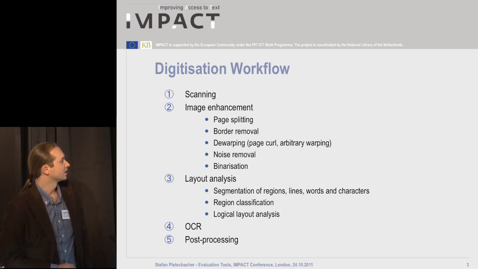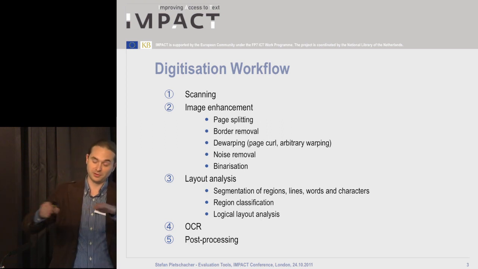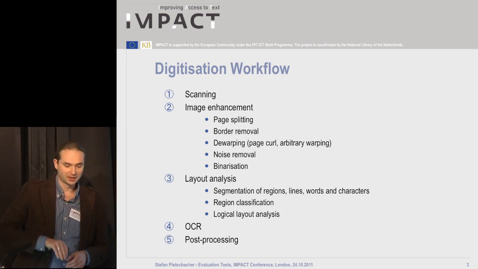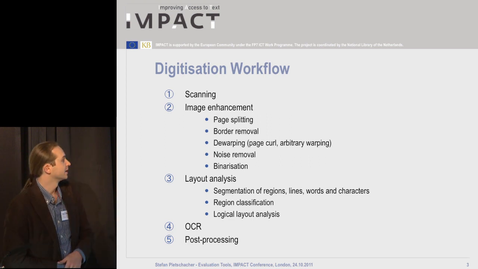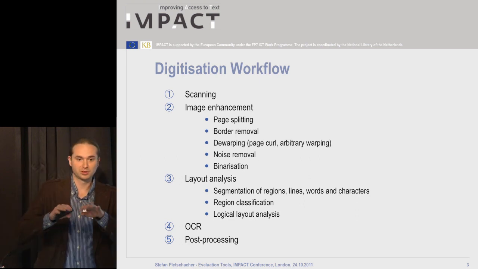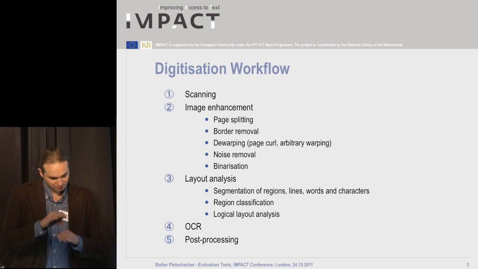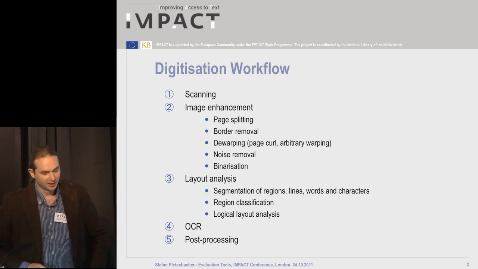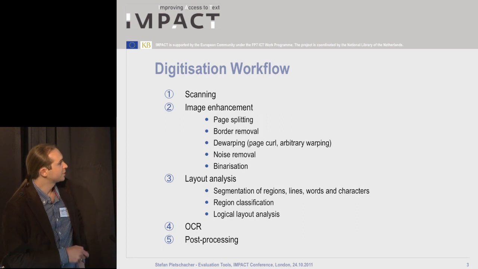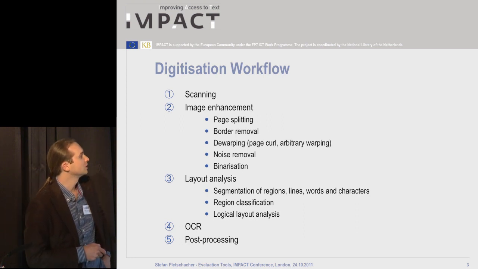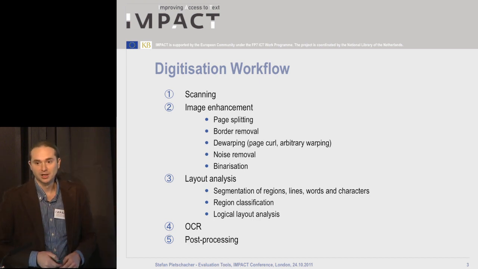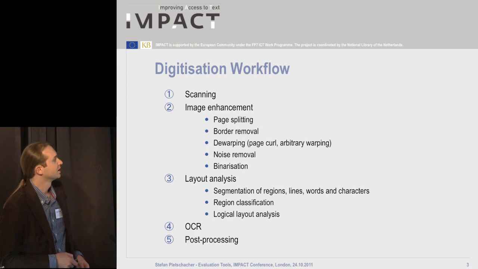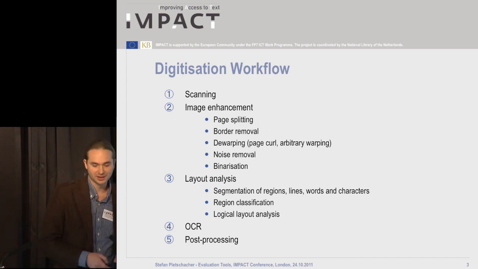Something to remove page curl, which is mostly if you use an overhead scanner and you get more of a cylinder model, but also things like arbitrary dewarping, if the page was, due to humidity, a bit distorted and all that. So anyway, at all those stages, you get perhaps models of how to transform the input into some output, and you should also have something like an optimal solution. I will come back to that later.